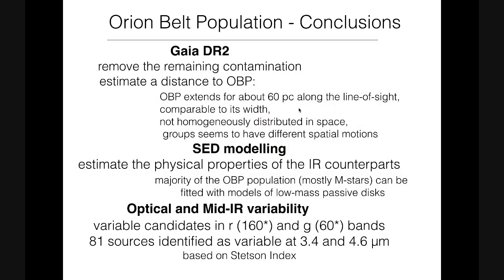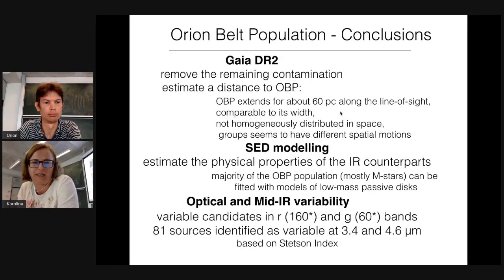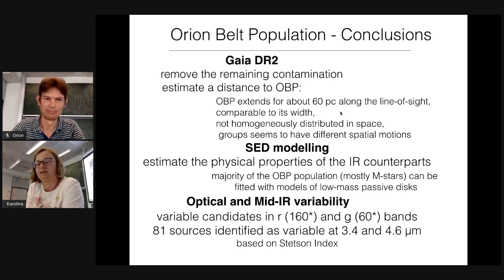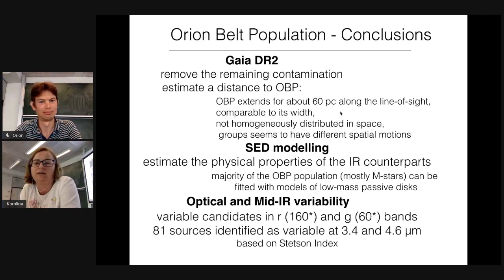So as super fast conclusions, I would leave this page, saying what we did in three points, sorry. We definitely used Gaia DR2 to clean our sample, but also to estimate the size of the cluster itself, which right now, based on the Gaia data, we can say is as long as 60 parsec along the line of sight.